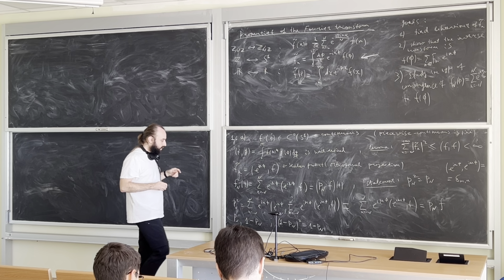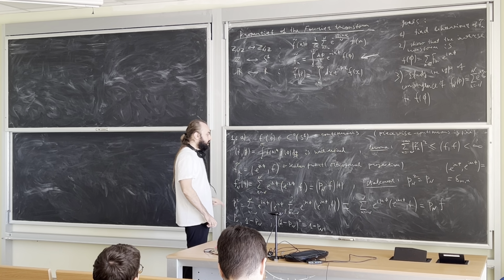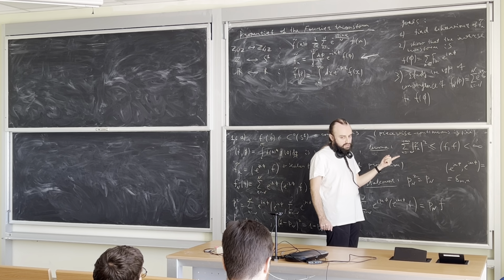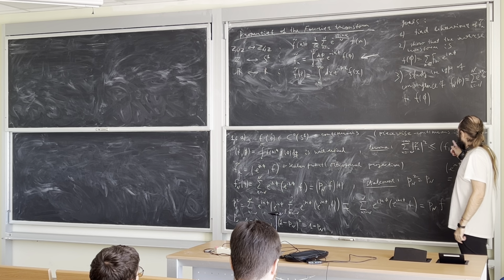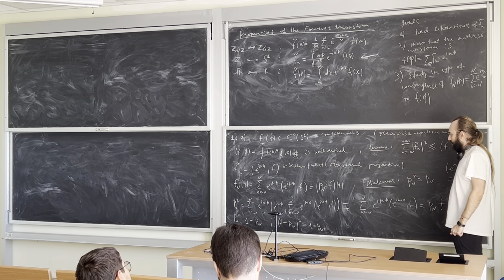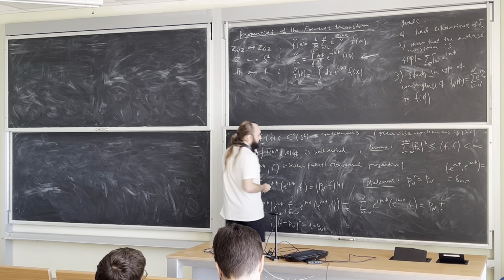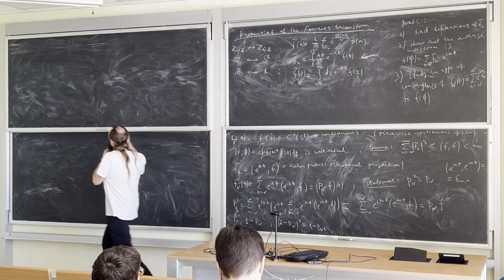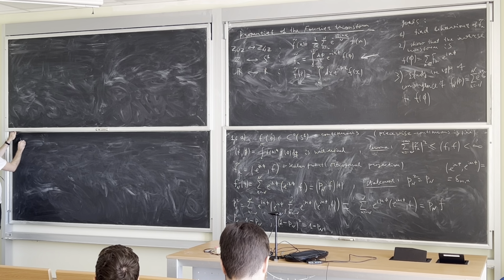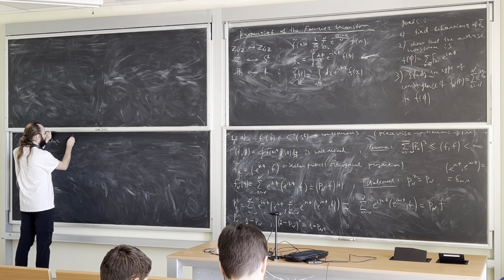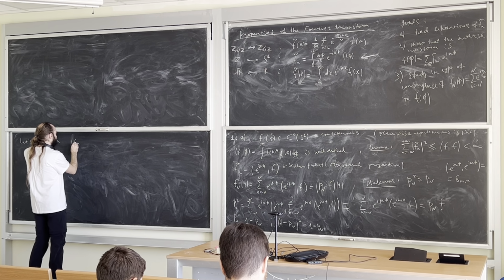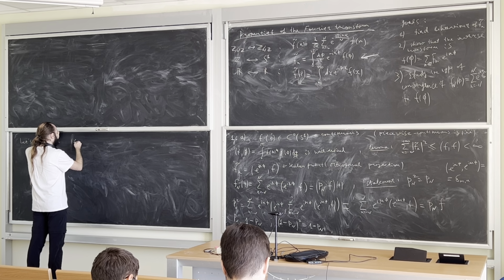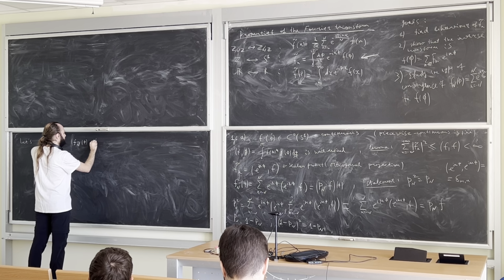So why do we need all this? Because to prove that something is greater than zero, I would like to write this expression as the absolute value squared of some other expression. So let's consider the scalar product.